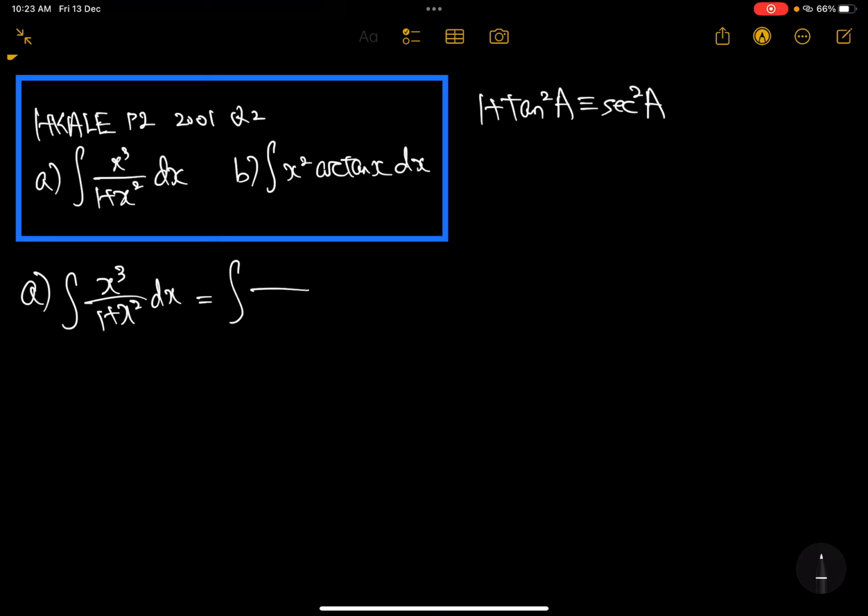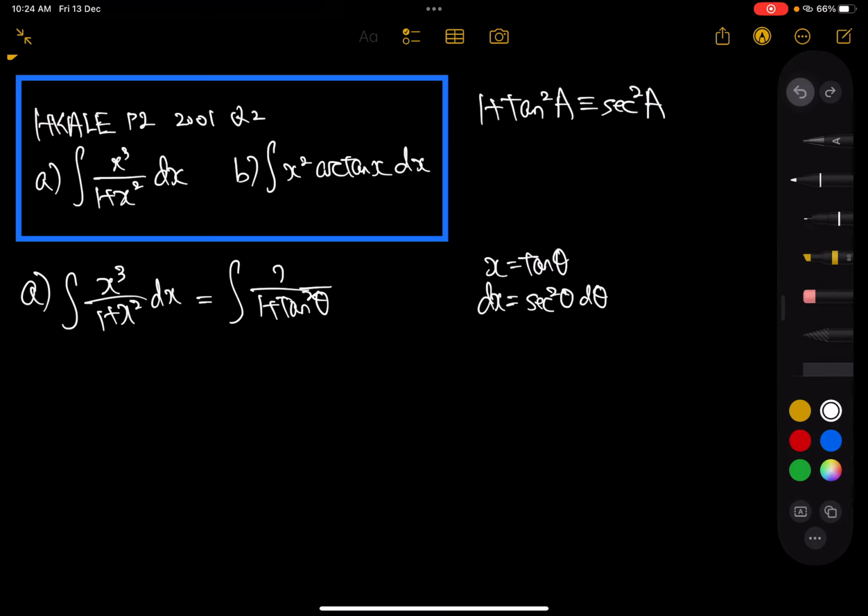We'll use a trigo substitution, which is x equals tangent theta. So dx equals this thing right here. That's just tangent cubed theta. And obviously we have secant squared theta d theta.